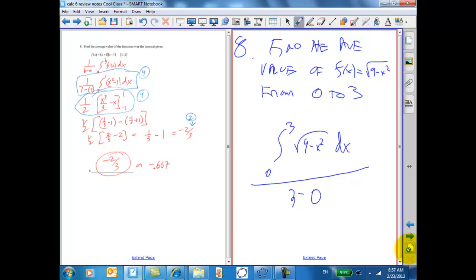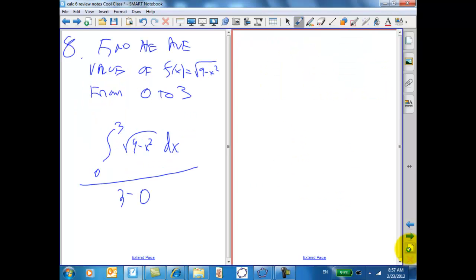Remember what I said before? Unless I say otherwise, you can just do it on your calculator. So let's do it on the calculator. What does the TI-89 say? Integral, square root, left parenthesis, 9 minus x raised to the 2, right parenthesis, comma, x, going from 0 to 3.